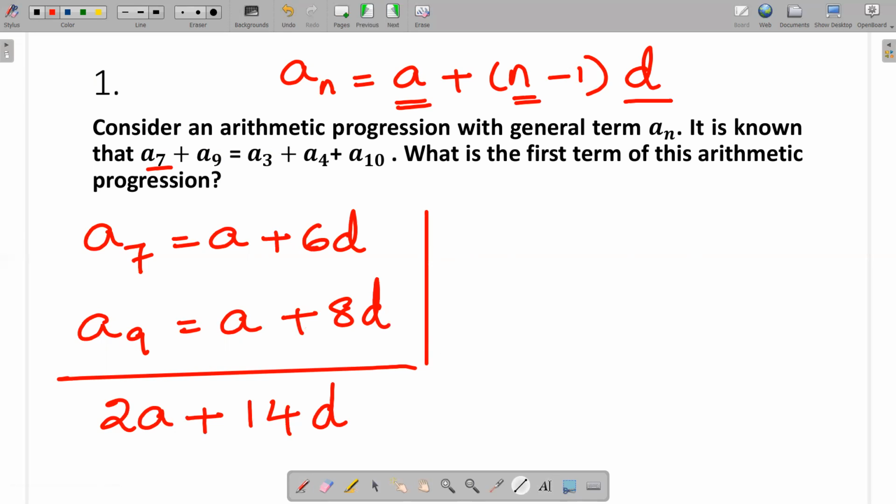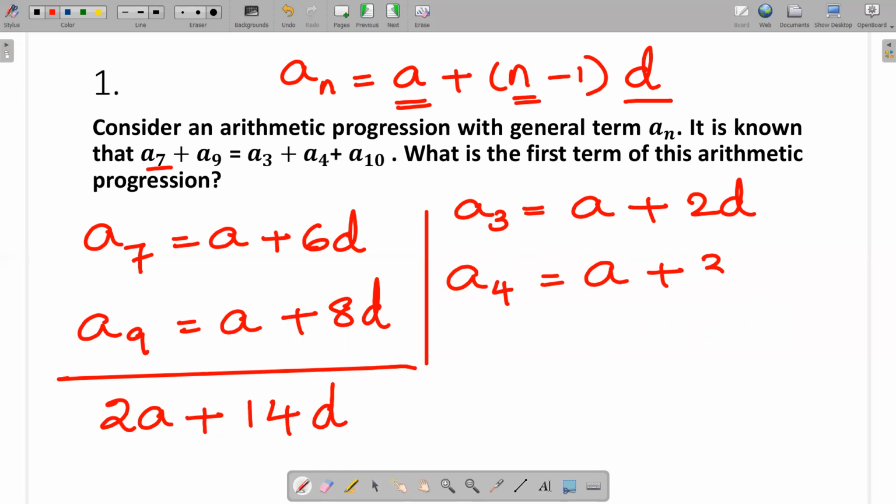Now let us focus on the right-hand side. A3, the 3rd term, is A plus 2D. A4, the 4th term, is equal to A plus 3D. And A10, the 10th term, is equal to A plus 9D.